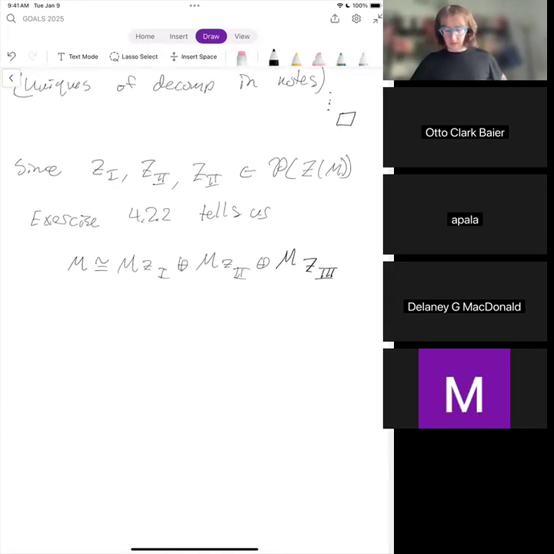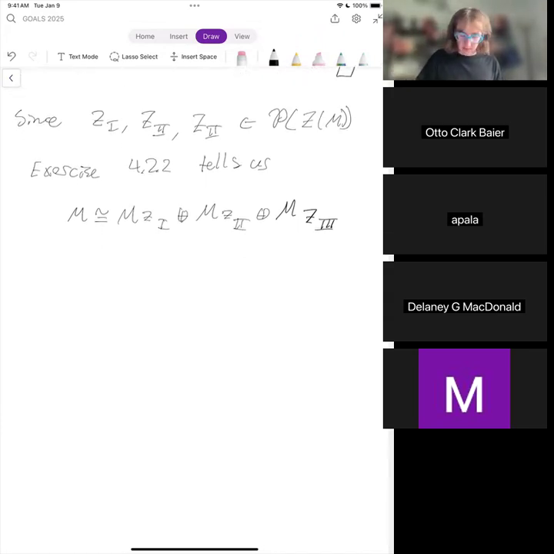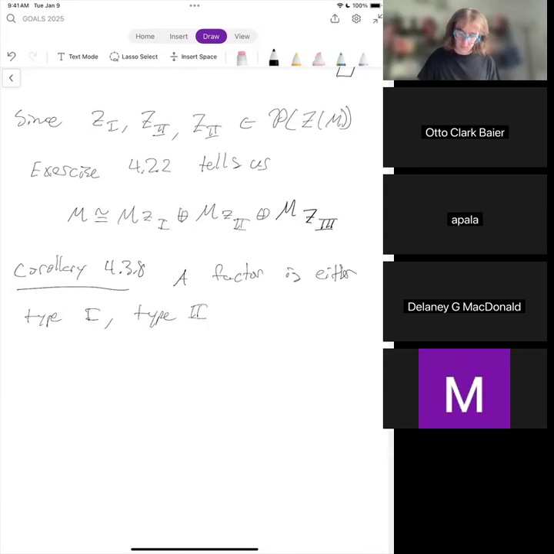And this tells us that all von Neumann algebras can be written as a direct sum of type 1, type 2, and type 3. And an immediate corollary we get from the type decomposition theorem is that a factor, meaning trivial center, is only one type: type 1, type 2, or type 3.